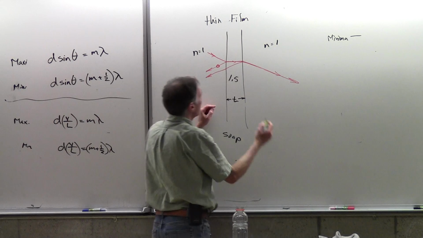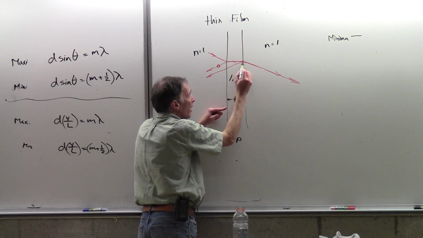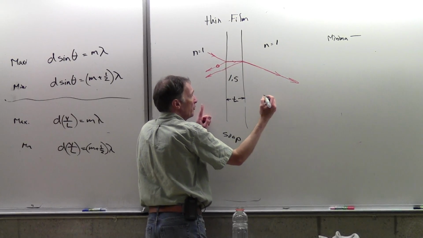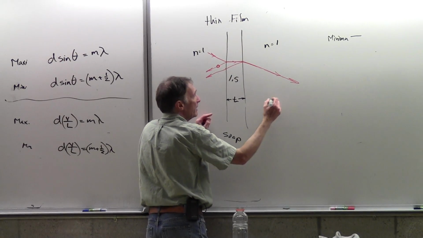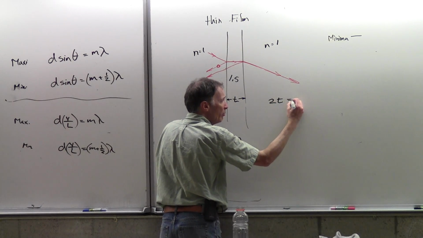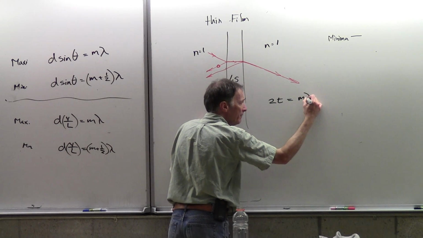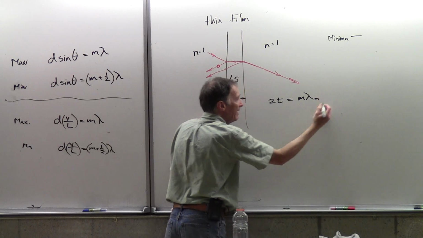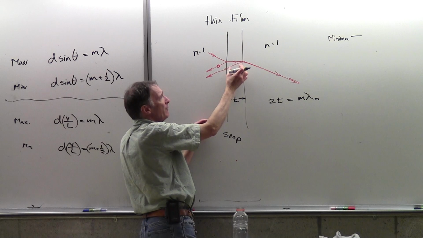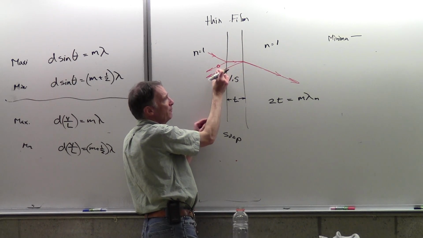There will be the light that travels through that medium, through a thickness t, that is there and back, 2t. If that's equal to a whole number of waves, that's waves inside the soap bubble, that whole number of waves would put these two back into phase.